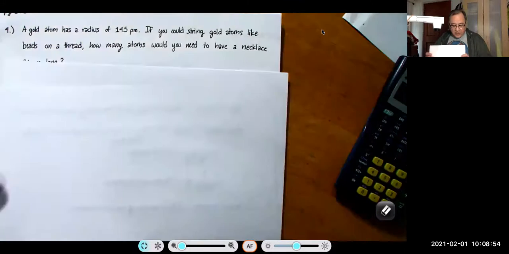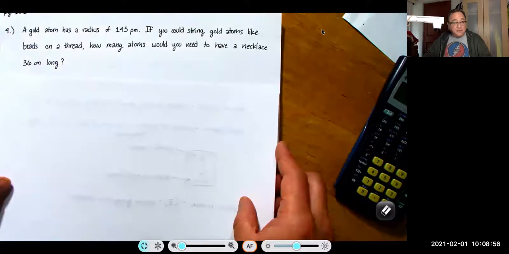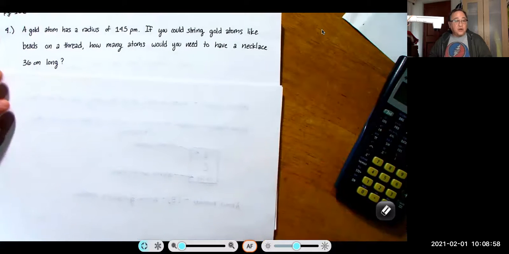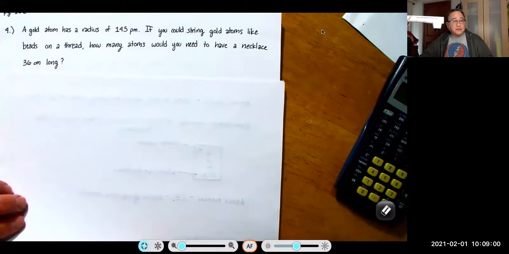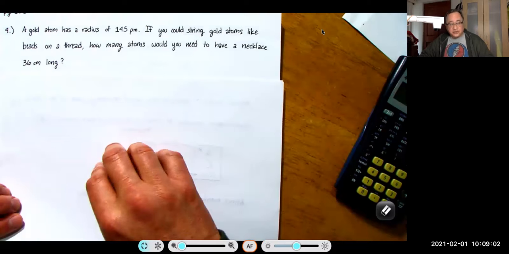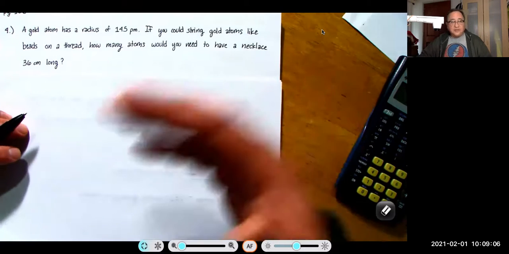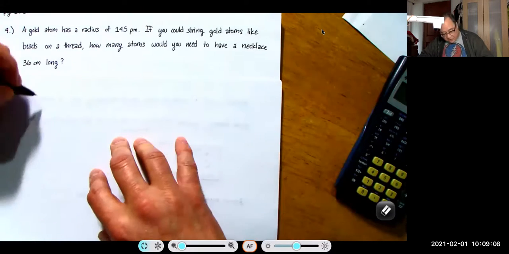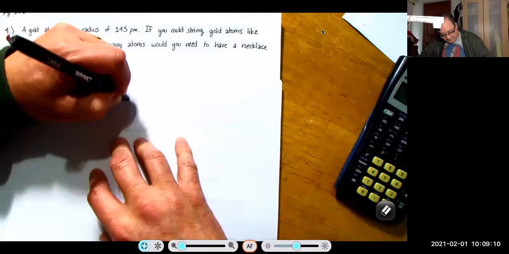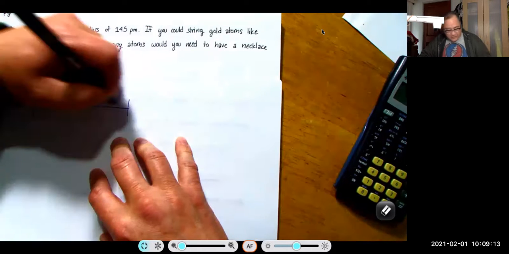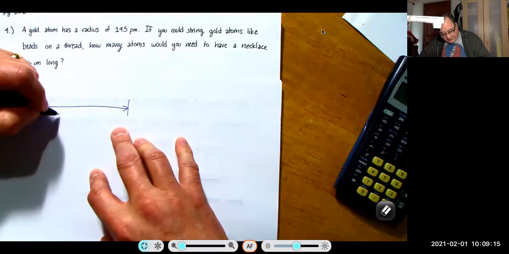A gold atom has a radius of 145 picometers. If you could string gold atoms like beads on a thread, how many atoms would you need to have a necklace 36 centimeters long? This is a throwback to the previous chapter. I'm going to make a little drawing here, and we're going to make that 36 centimeters.